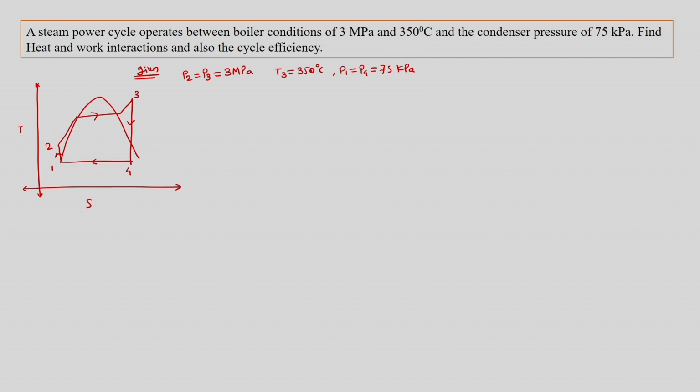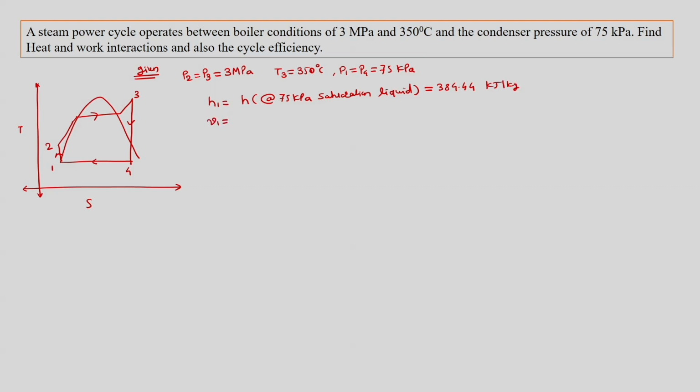Again, as we did for the first example, we have to go to the steam table and find out the enthalpy corresponding to 75 kilopascal saturation liquid, and this would have a value of 384.44 kilojoule per kg.